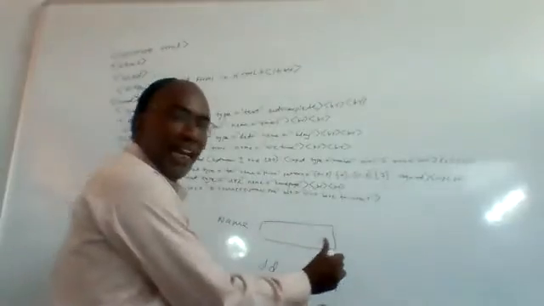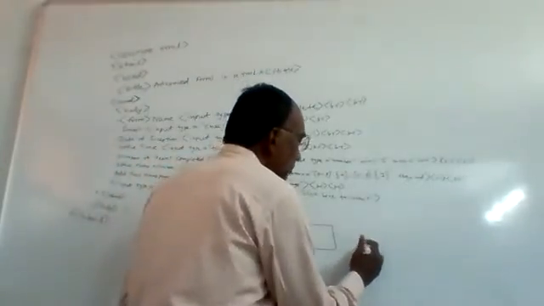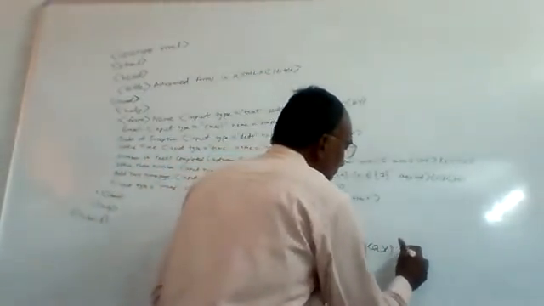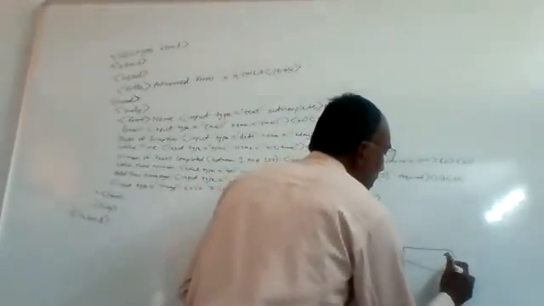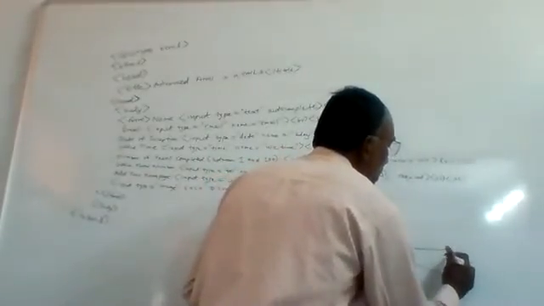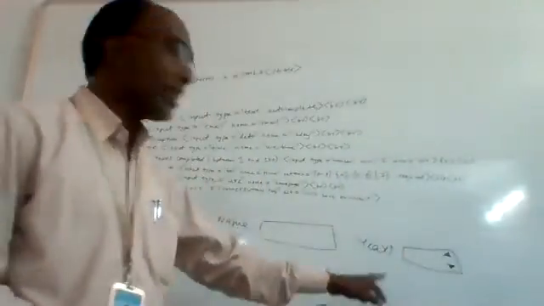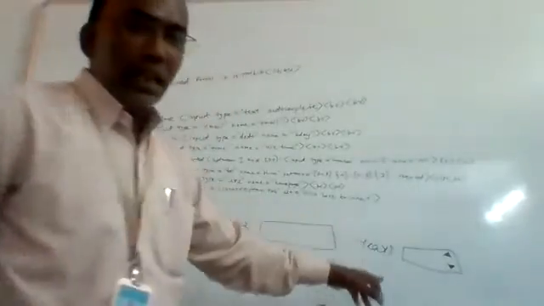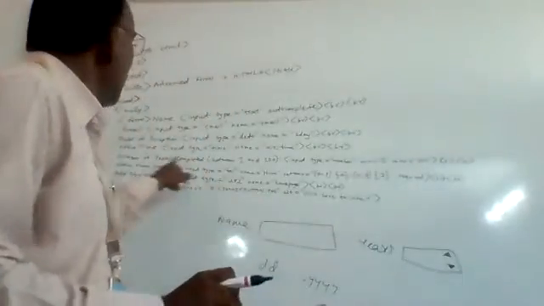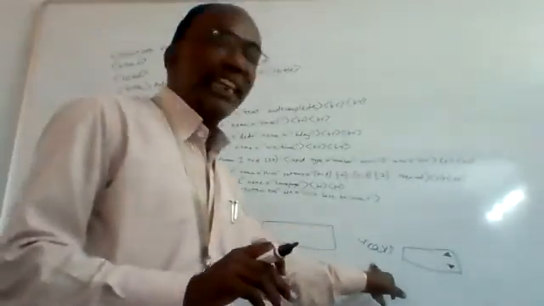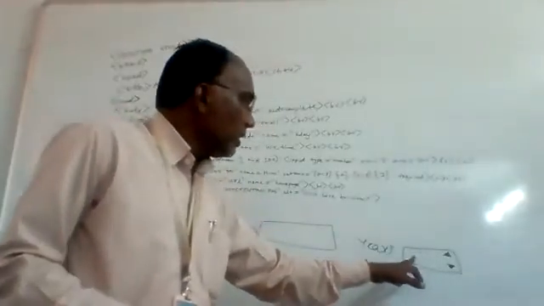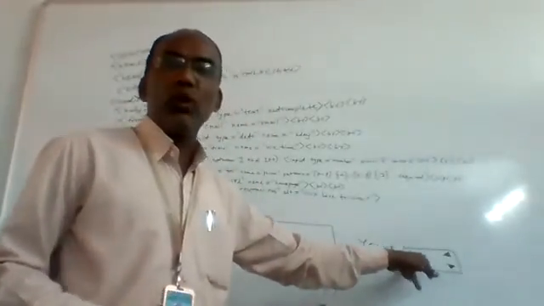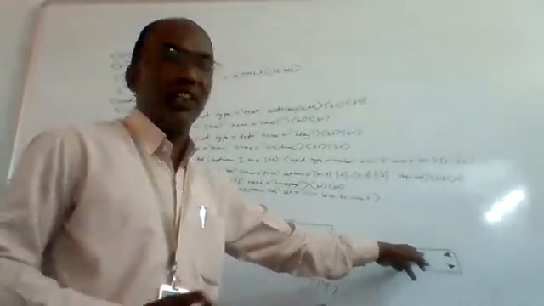So it will display like this: number of years completed between 1 and 100. Here a user can input the number of years.